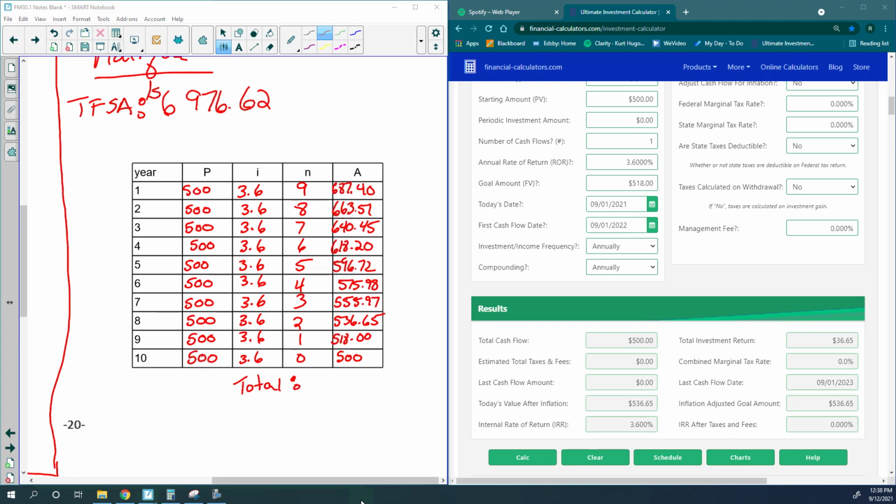Now we have to figure out the total for these Canadian savings bonds, so we add all 10 together.